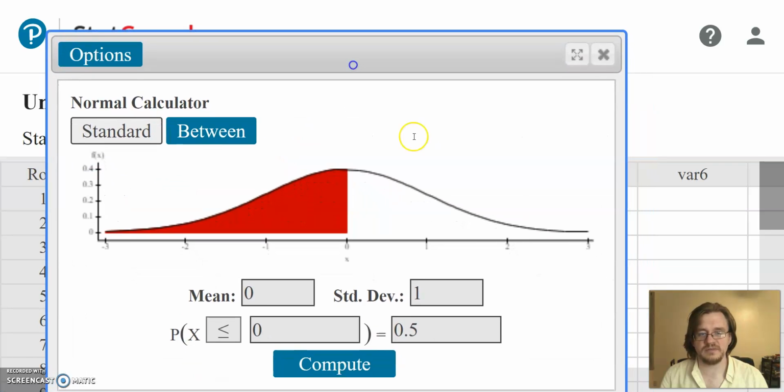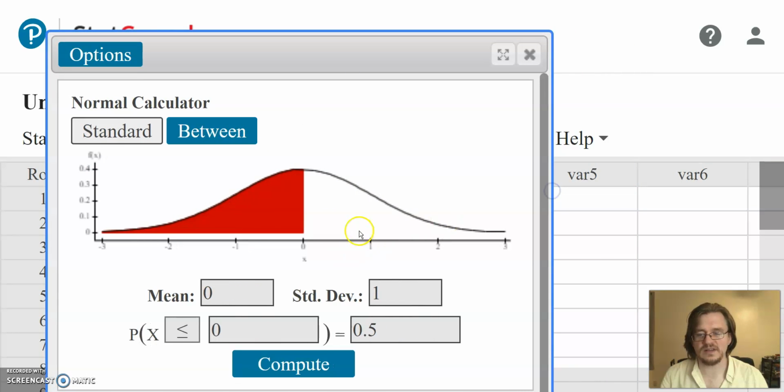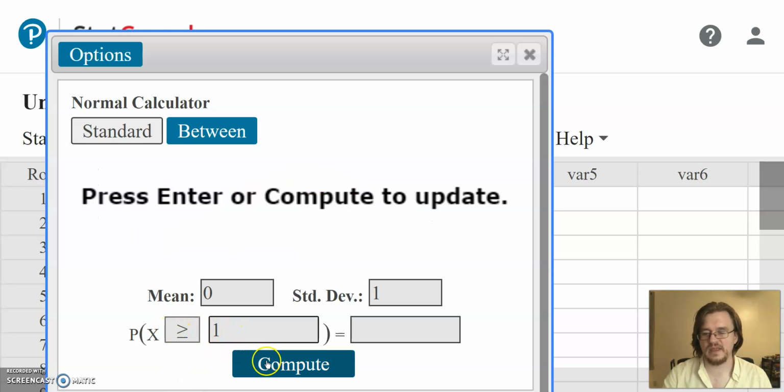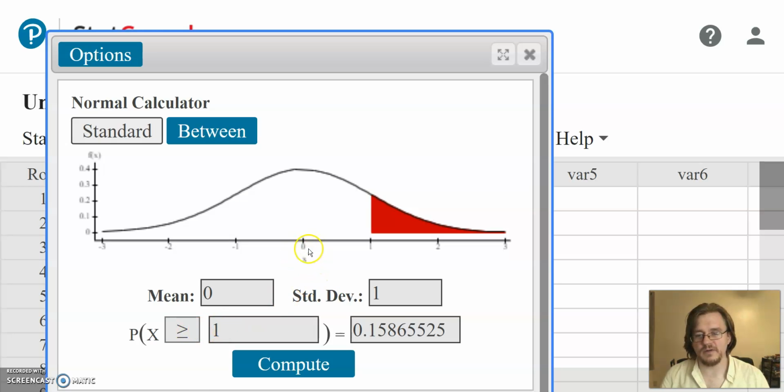I can open this up, and I want to find the area above 1, meaning I've gone from the mean of 0 to 1, so this is 1 standard deviation up, and this area off here is 0.1586. So when I look at this, this means that 15%, or a little bit more than 15% of values will be in this red section.